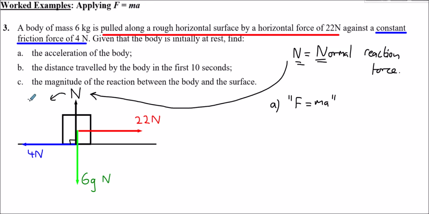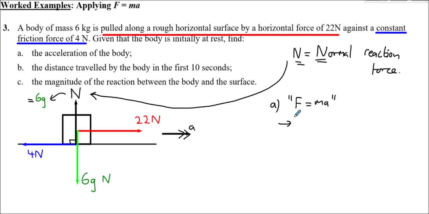N is going to equal 6g, equal and opposite to its weight. The acceleration is going to be acting in the direction which the object's being pulled. 22 newtons is greater than 4, so the 22 newton force will win, if you like. It's going to end up accelerating in this direction, so we can draw a little arrow here to say it's accelerating this way.